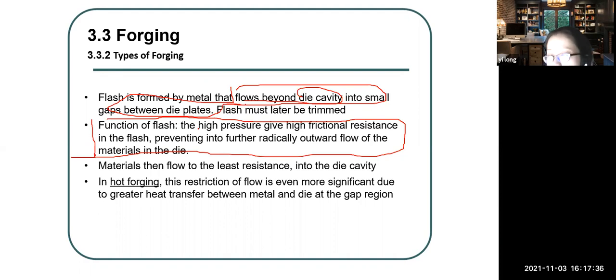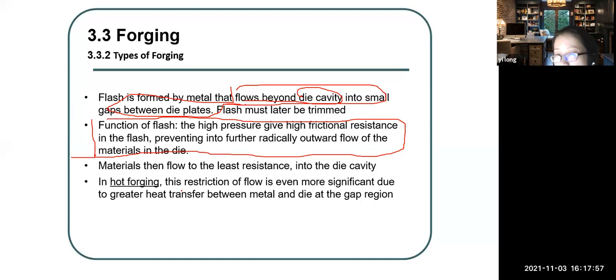So it will prevent further radial outward flow of the material in the die. That's the function of the flash. If you use just one word, it's a stopper. Then the material can flow to the least resistance, simply going into the die cavities.